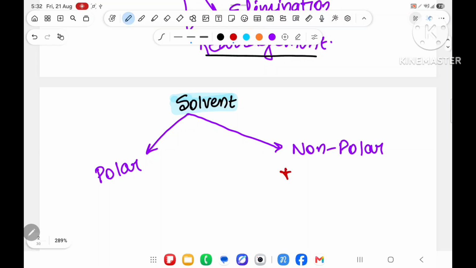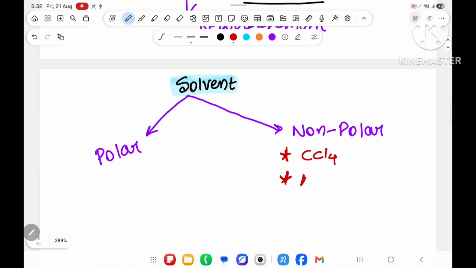Non-polar means they don't have polarity, like CCl4, like alkane, like benzene, and so on.